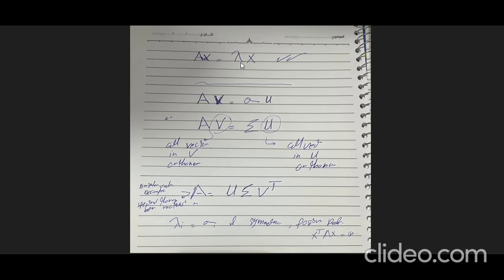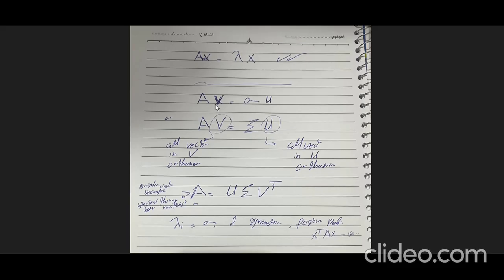Whenever we want to see how our system will settle eventually, we go for eigenvectors. And it's true that only square matrices have eigenvectors, but square matrices can have both eigenvectors and singular vectors, okay?